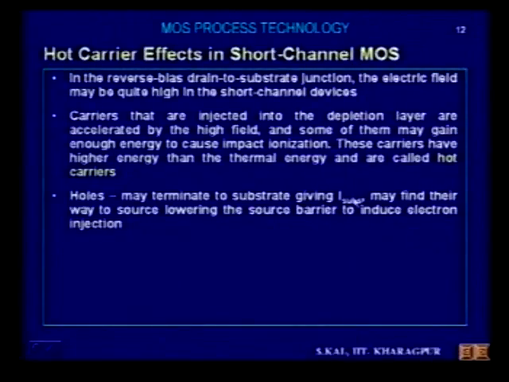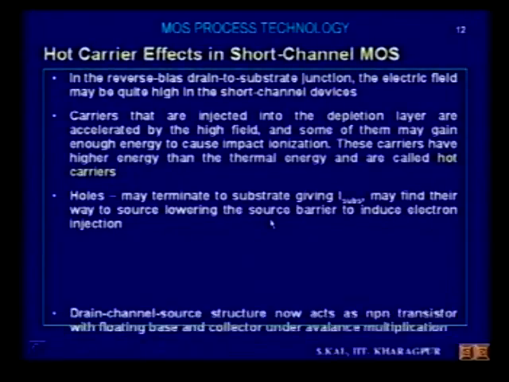Now the holes may terminate to the substrate, giving I substrate, because of the impact ionization. What happens? Both electrons and holes will be created, and they will again hit other silicon atoms, and then electron-hole pairs will be created in the reverse bias region. The holes may terminate to the substrate, giving substrate current, and holes also may find their way to the source, lowering the source barrier to induce electron injection. You see, there may be some electron injection in the source because of these carriers.